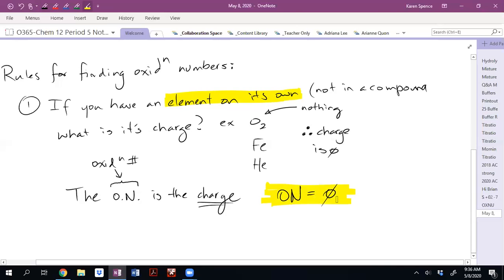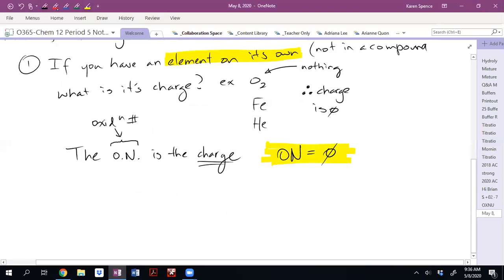So rule number 1 is sort of its own little thing, and then we go to atoms in compounds. Okay, so now we're working on atoms in compounds.